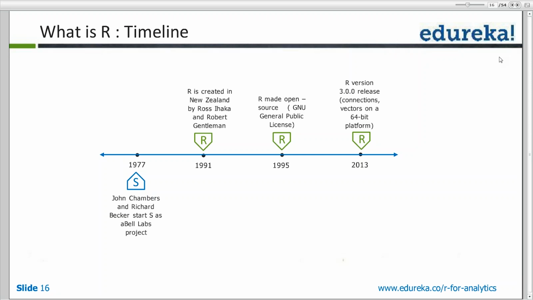And by 1995, it was registered as an open source software. And as of today, 2015, an R version of 3.2 is itself available. That will work on a 64 or a 32-bit platform. So this is a very quick view on the timeline in R's history.